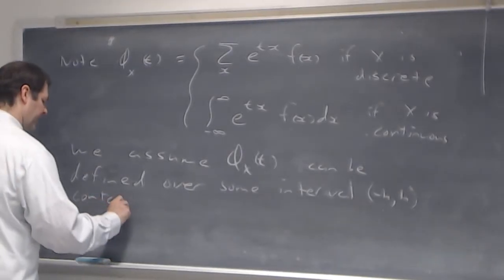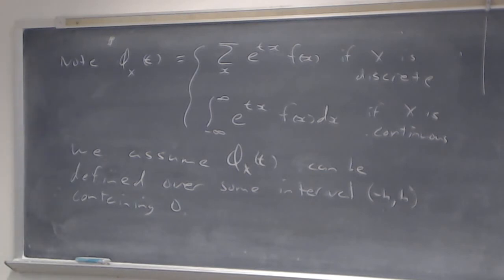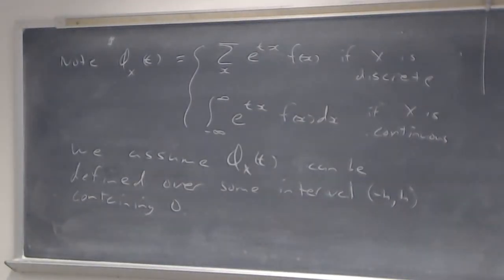Might be defined for more than that, but here we at least can get it over that region. Okay, so here's the intermediate fact that we want about the moment generating function.